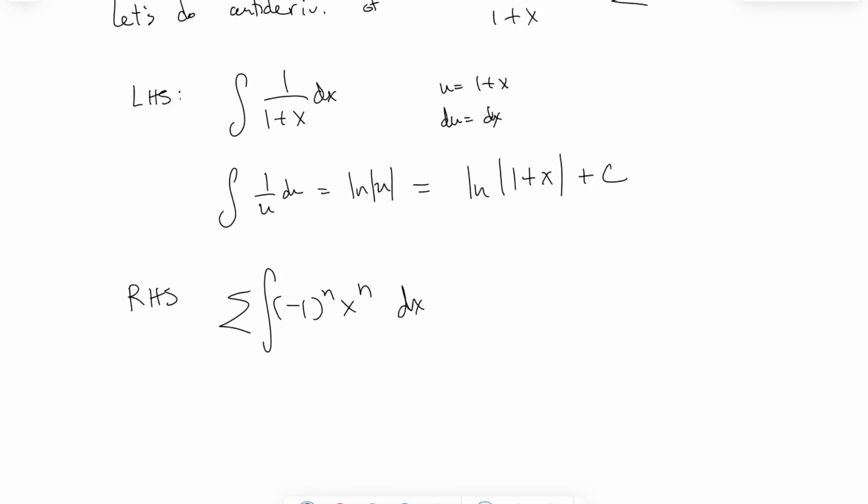So it turns into x to the n plus 1 divided by n plus 1. So I'm going to get minus 1 to the n, and then 1 over n plus 1, x to the n plus 1. All right? So if we write this all together, the left-hand side is equal to the right-hand side. Those are the two antiderivatives on the left and also on the right, and they should be the same.